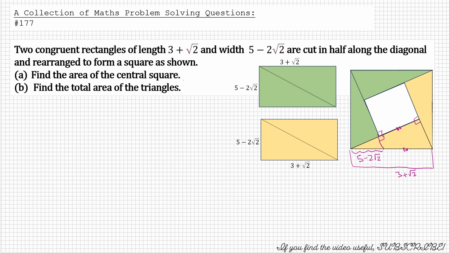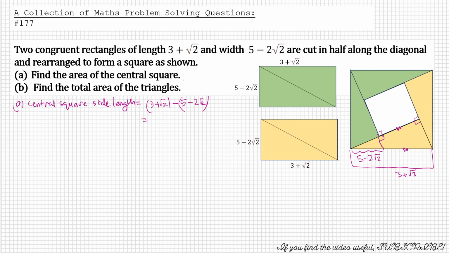Right? So the central square side length we can write as 3 plus root 2 minus (5 minus twice root 2).